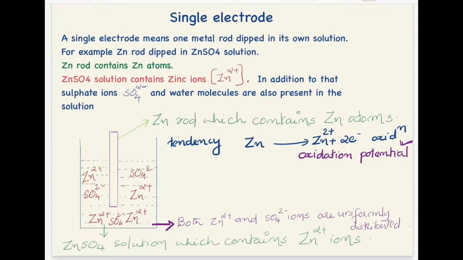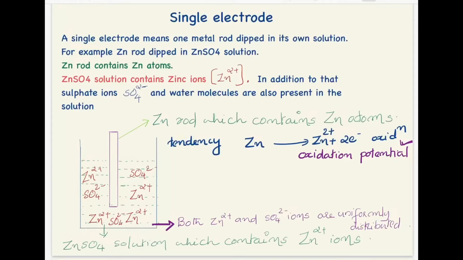But if nobody is accepting money from me, then even though I have a tendency to donate money, I can't donate. So donating money is a process, is an event. Tendency of giving money is not an event, not a process. So even though I have a tendency to donate, I can't donate. Same thing here. Here, zinc has a tendency to release electrons and become zinc ions and go into the solution.